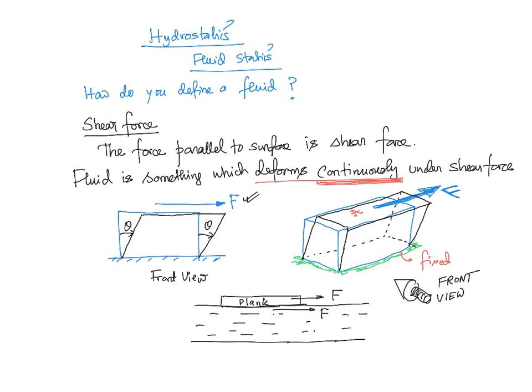Suppose the plank moves with constant speed, or say on the top surface of the water you apply some tangential force. Then what will happen? The liquid will move. There is no question of deforming by a shear angle and stopping. This will carry on.